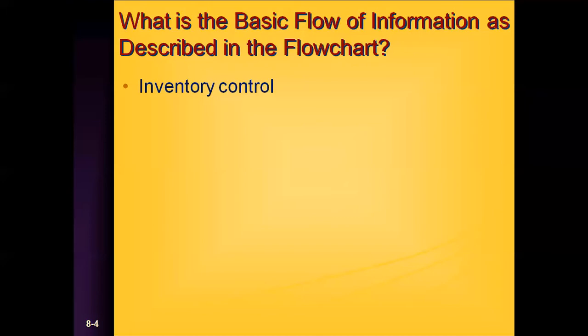Basically, inventory, as we've talked about, is an asset and it has money associated with it. Too much inventory, not good. Too little inventory, not good. So inventory control basically is a system used to determine the need for inventory, and when there is a need for inventory, the inventory control system will essentially notify the purchasing department.